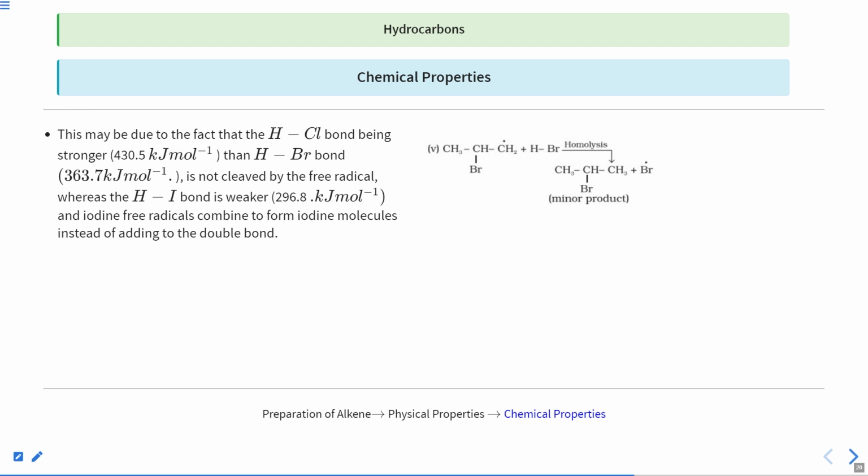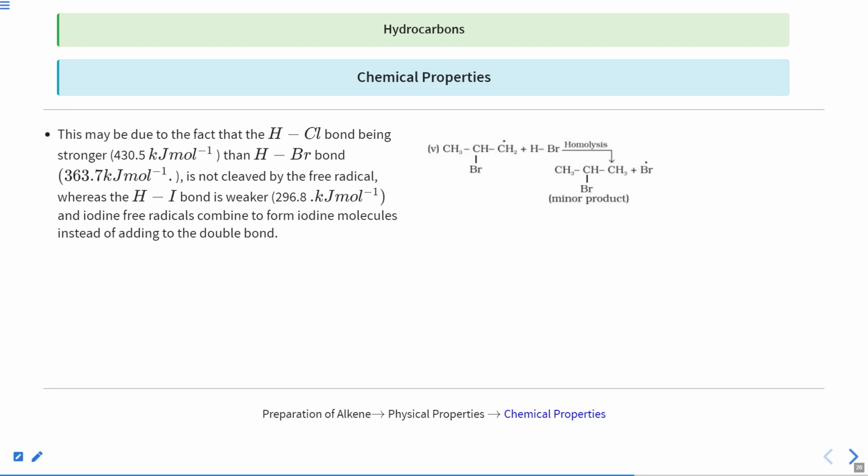So if you say that the HBr bond is weak, and the HI bond is even weaker than that, then why is it not giving the reaction? Because as soon as this I radical is formed, it quickly reacts with another I radical to form I2. That is the reason we don't see the reaction with HI.